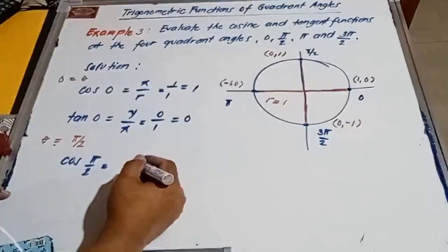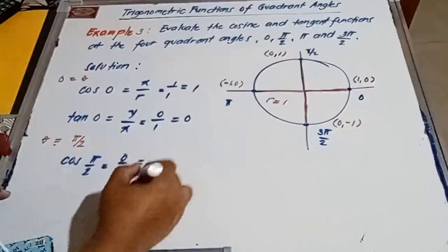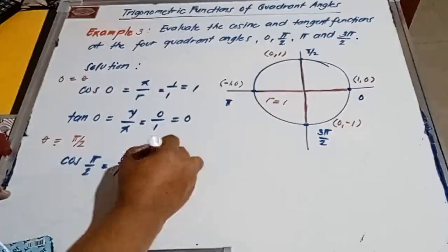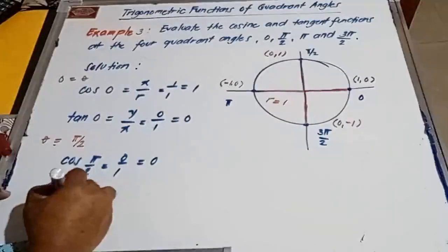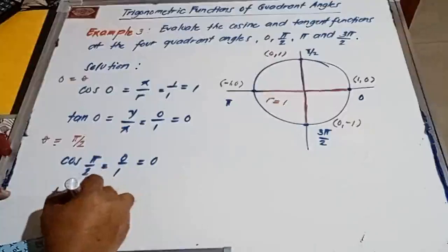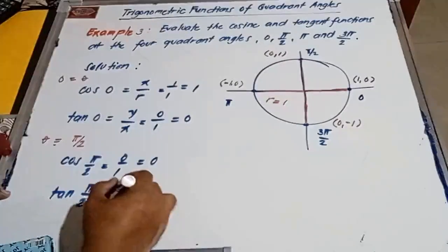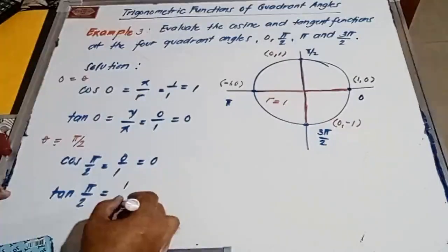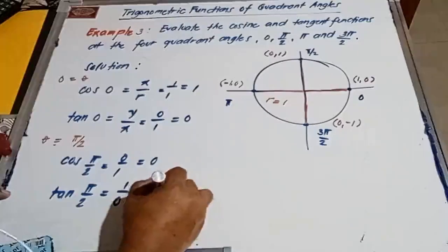Ang x natin ay 0. Ang r natin ay 1. Therefore, cosine pi over 2 is 0. Tama, kasi cosine 90 degrees is 0. Next, tangent pi over 2 or tangent 90 degrees. This ratio again, y over x. Y is 1. X is 0. What does it mean? Undefined.